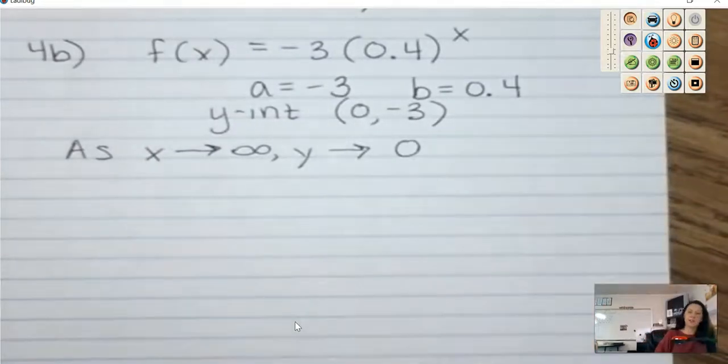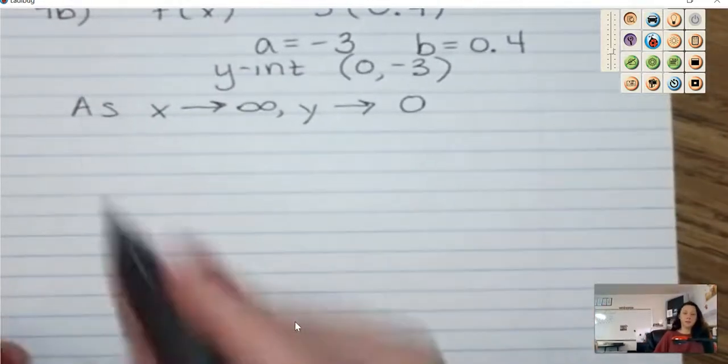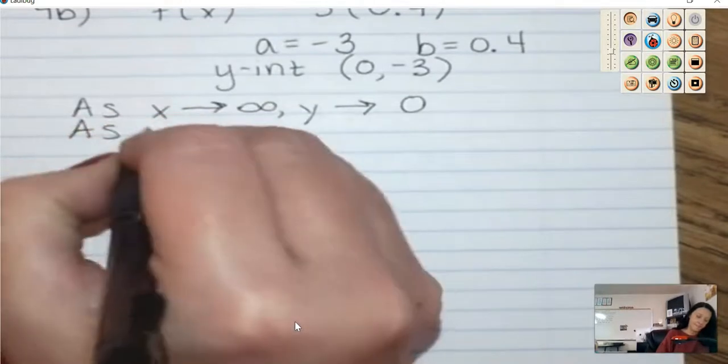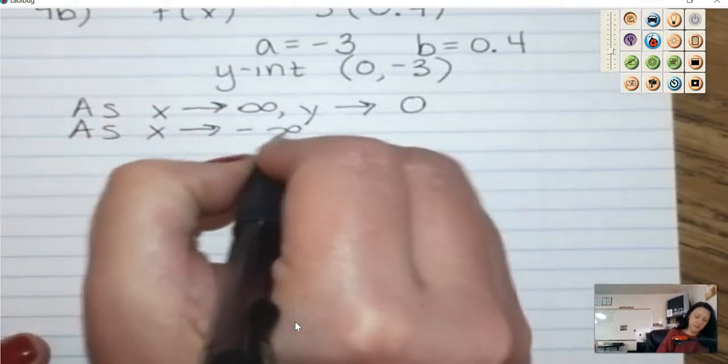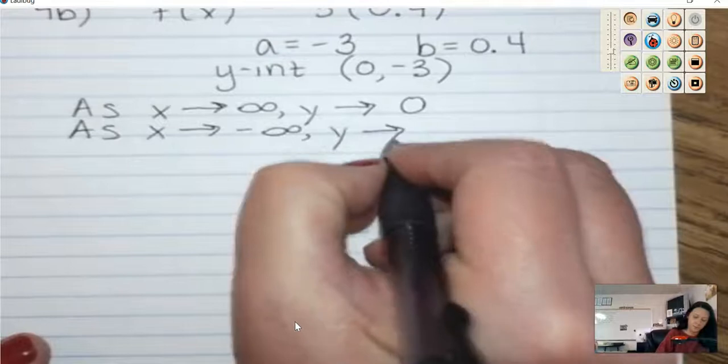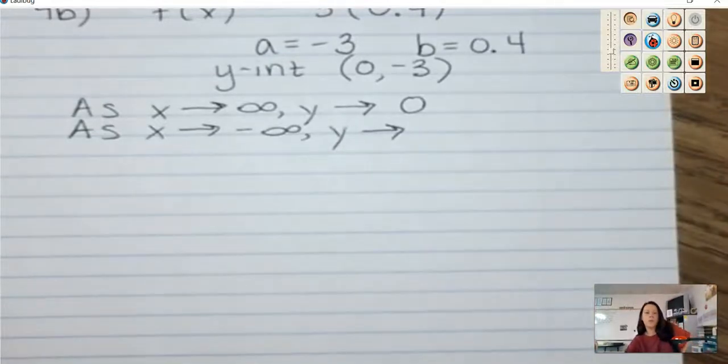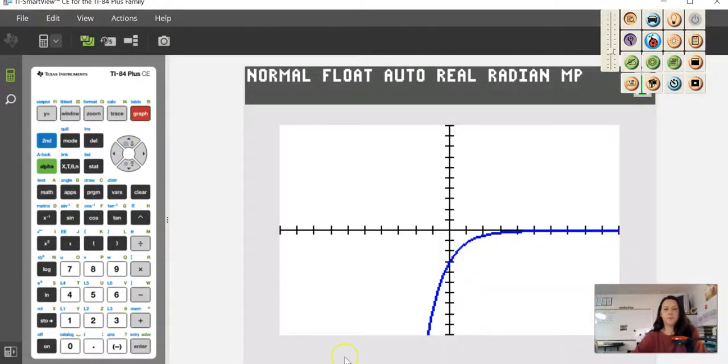So y approaches 0. It'll never touch 0, but it'll get close. And then as x approaches negative infinity, as the x's are getting smaller, I see the blue line getting smaller and smaller, and it keeps going on forever until it hits negative infinity.